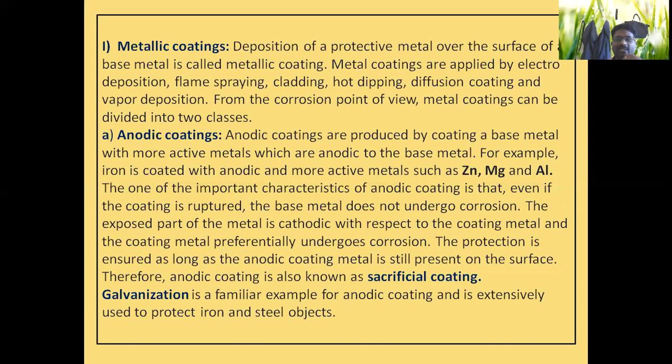Therefore, anodic coating is also known as the sacrificial coating method. So sometimes iron is coated with zinc, sometimes with magnesium, sometimes with aluminum. All these come under anodic coatings. One of the important methods under anodic coatings is galvanization, which is a familiar example of anodic coatings.